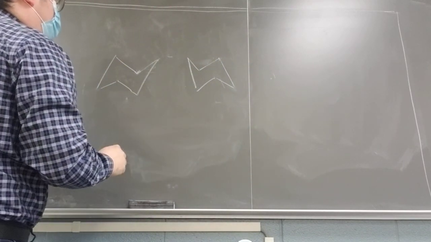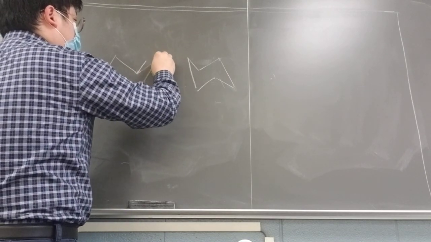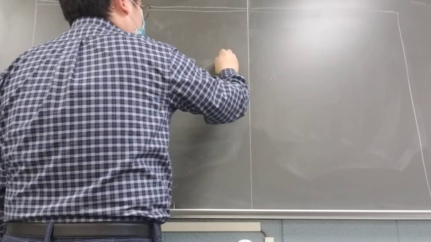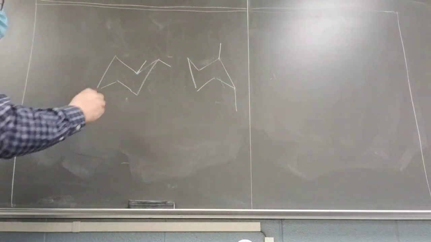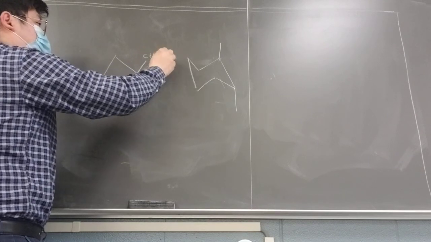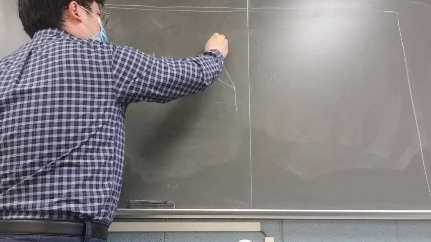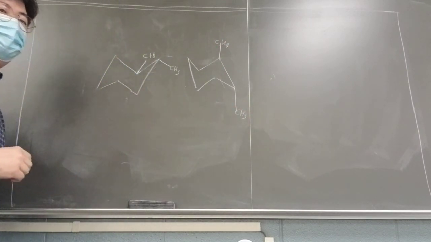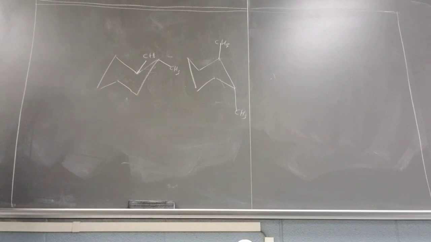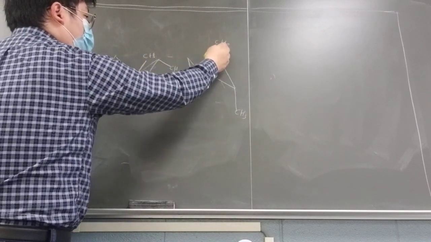So if that is the case, let's try the trans. And I'll give you also 1 minute. Okay. This is also dimethyl, but trans dimethyl cyclohexane. You see it's up and down, up and down.